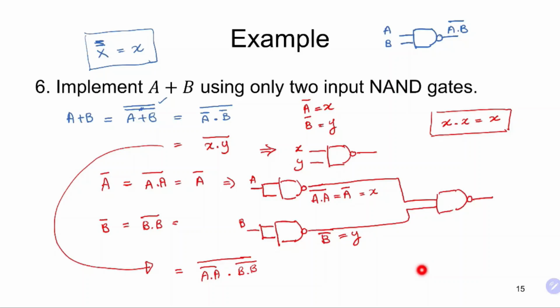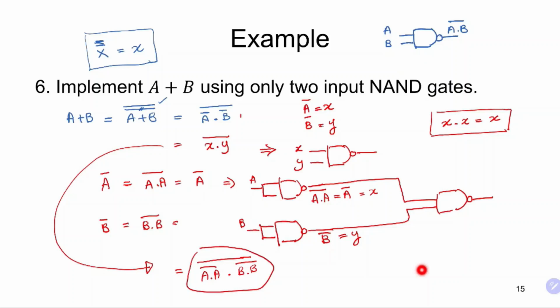Yes? The final answer is the one at the bottom. The red one, yeah. So this is the circuit. If I want to implement it, this is the function that I need.